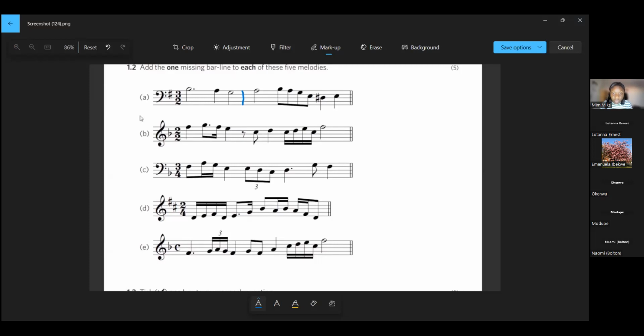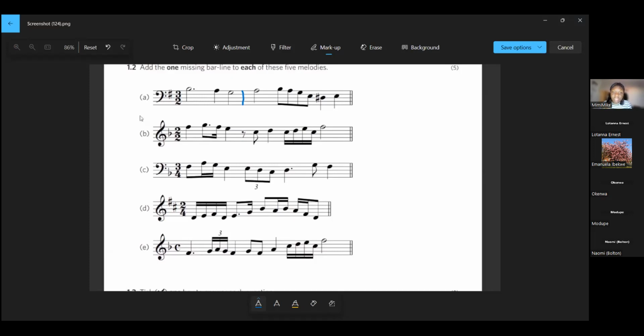We have a quaver rest, right? And another quaver note. So if you calculate it, the first note is a crotchet on its own. The next 2 notes equal 1 crotchet. The next note is another crotchet. The rest and the quaver note is another crotchet. That's making it 4 crotchets.